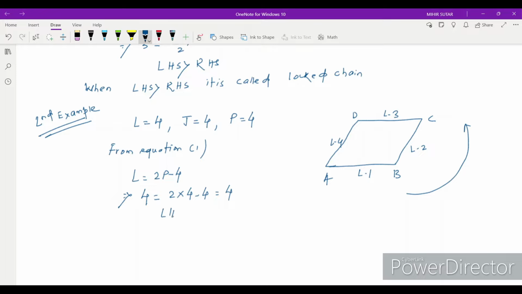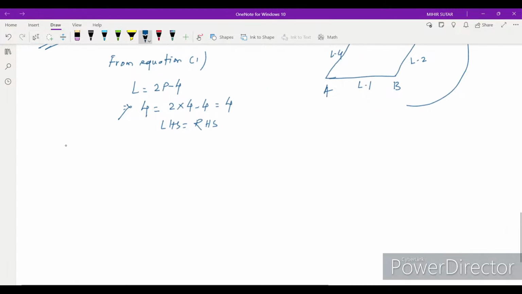So LHS is equal to RHS here. Now coming to equation 2, we have joint J is equal to 3 by 2 L minus 2.